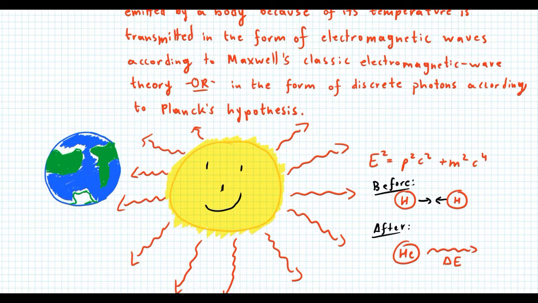So, the energy emitted by the sun comes from the fact that two hydrogen atoms impact each other with such a force that they actually form a helium atom. However, the mass of a helium atom doesn't quite equal the sum of the masses of two hydrogen atoms. So, where did the leftover mass go?